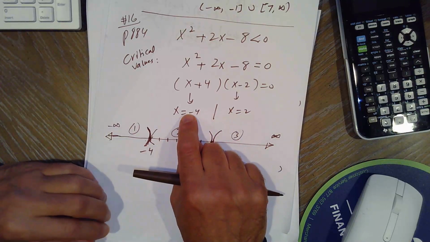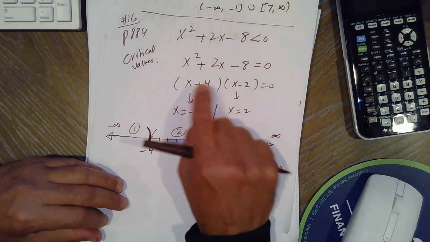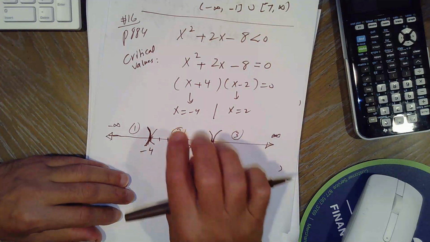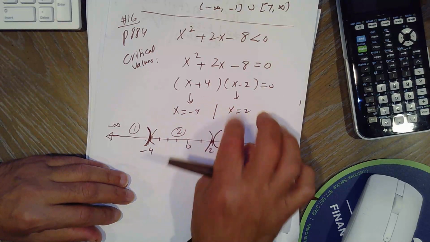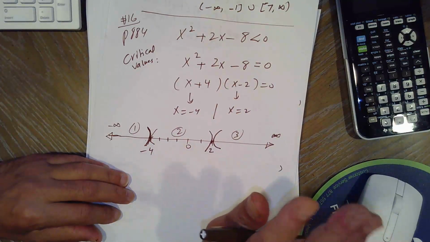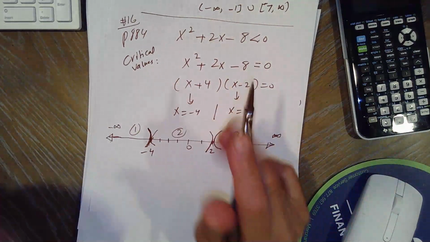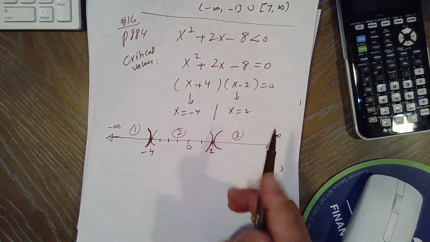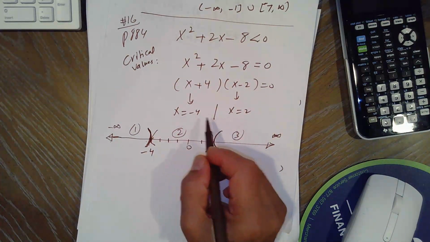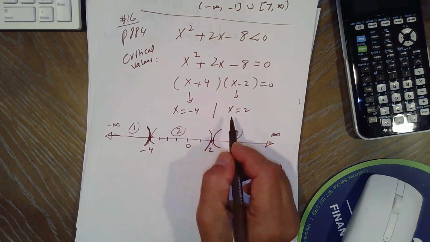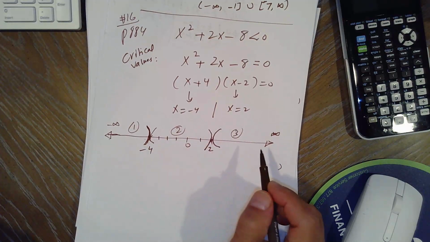If x equals negative 4 appears twice, like if you have x plus 4 squared, then you cannot assume that. As long as each critical value appears one time or 3 times, which is not going to happen when it's quadratic but could in a higher degree, you can do the alternating method. If any of these show up twice, then you cannot assume they alternate.